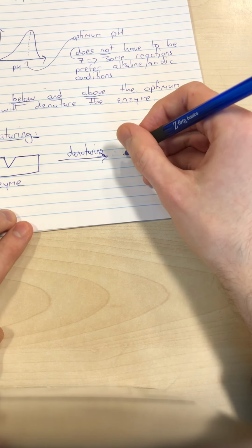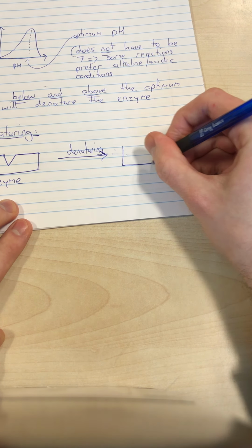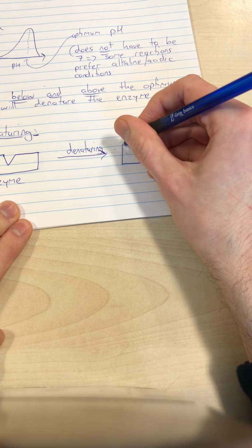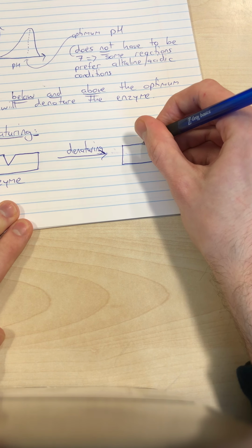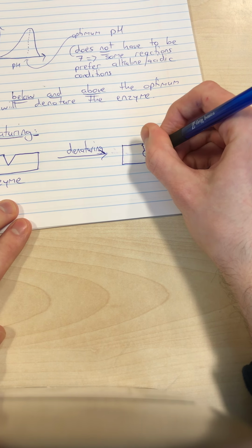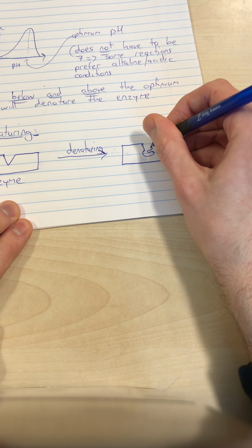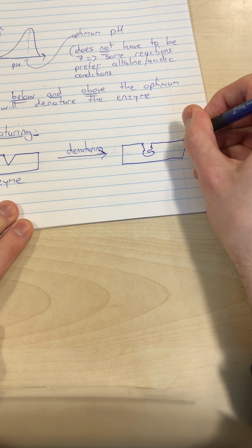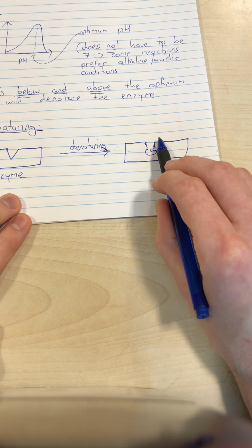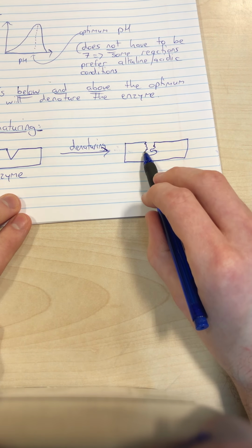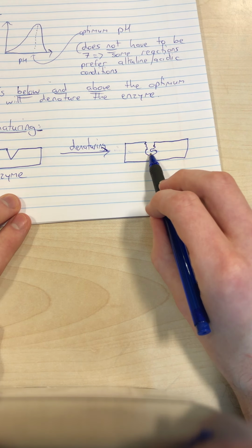What happens, like I said, the active site changes shape, becomes damaged, and again, not the best drawings, but hopefully it gives you an idea. Active site becomes damaged, and permanently as well. We can't reverse that.